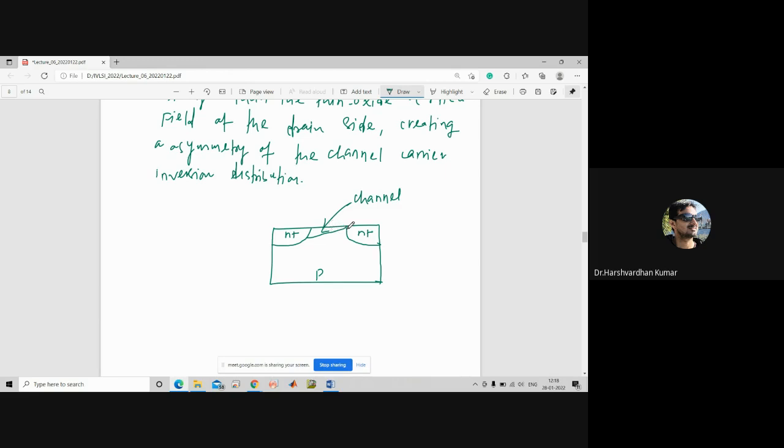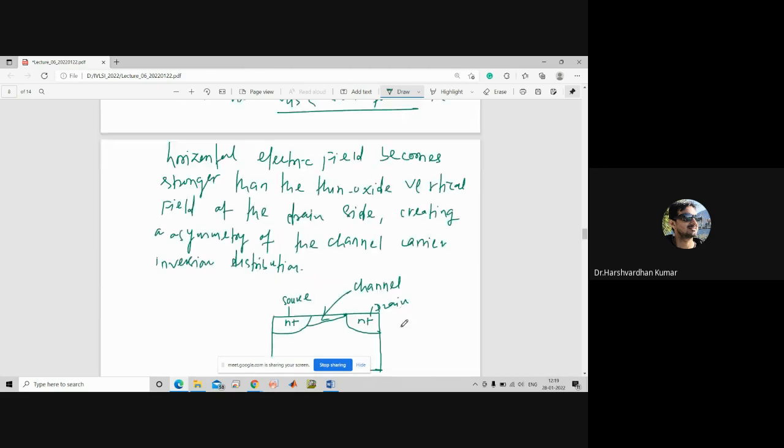Here the width of the inversion layer, this is the source side, this is the drain. At the source side, the width of the channel is very large. However, at the drain side, it is almost negligible. Why is it negligible? Because whenever you further increase the drain voltage, the horizontal electric field becomes stronger than the thin oxide vertical field at the drain side, creating an asymmetry of the channel carrier inversion distribution.